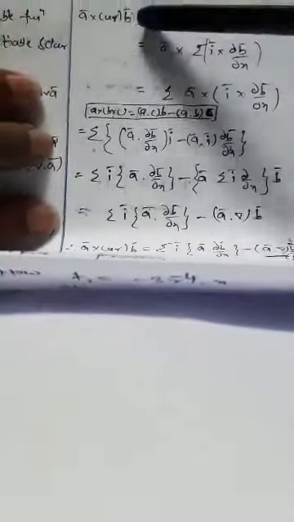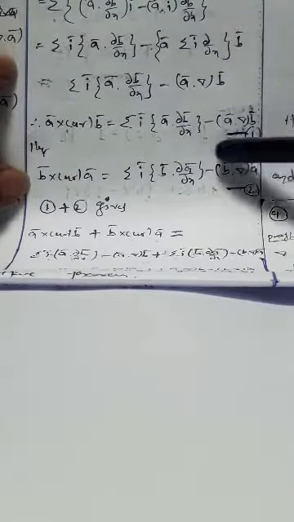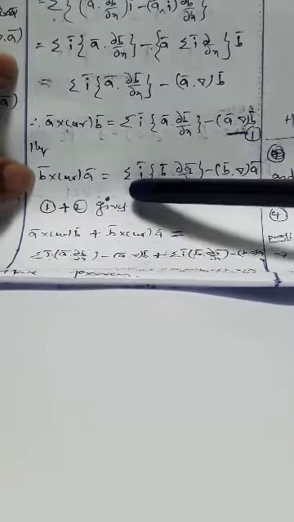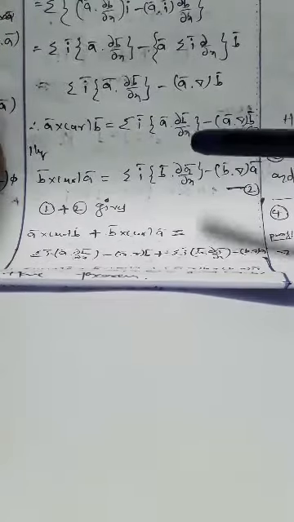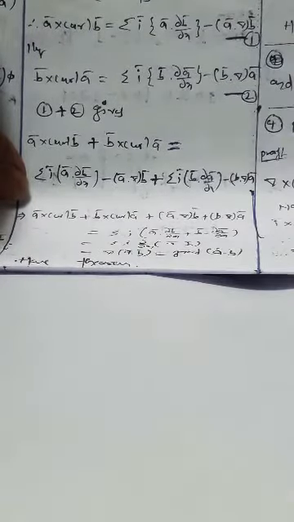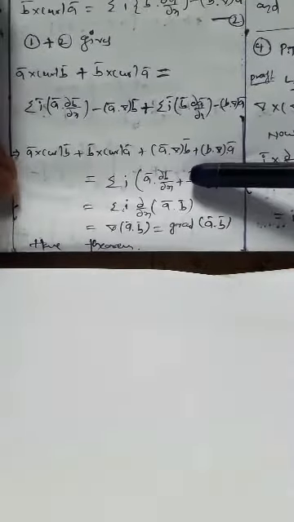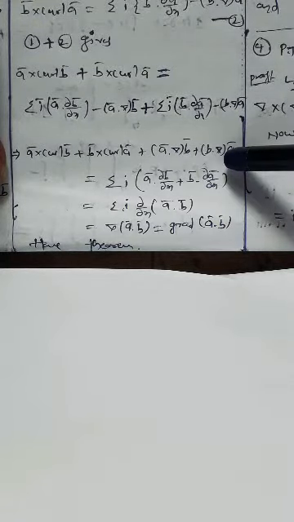Now we finally got A cross curl B equals summation i A dot dou B by dou x minus A dot del of B. Similarly, we can do B cross curl A, where in place of A we take B and in place of B we take A. Just by adding these two terms, A cross curl B plus B cross curl A, we get already A dot del of B and B dot del of A, and the remaining terms.